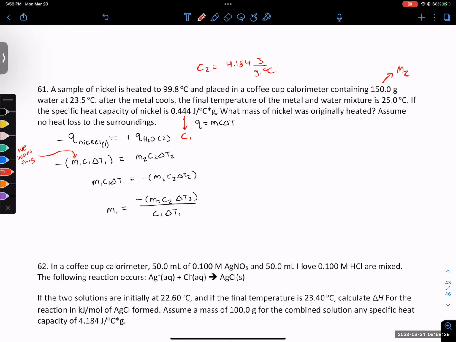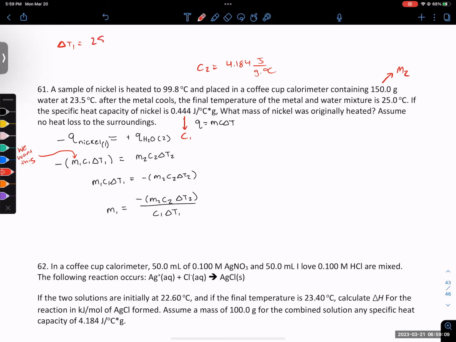And so we have M2, C2, C1. Now we just need delta T for each part, right? Delta T2 of the water and delta T1 of the nickel. We can do that up here on the left side. So delta T1, that's for the nickel. The original temperature of the nickel was 99.8, and its final temperature was 25 degrees Celsius.